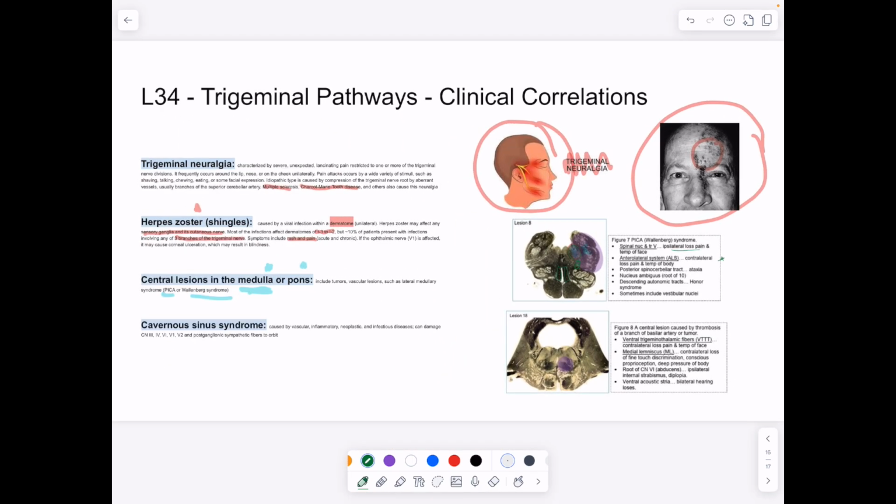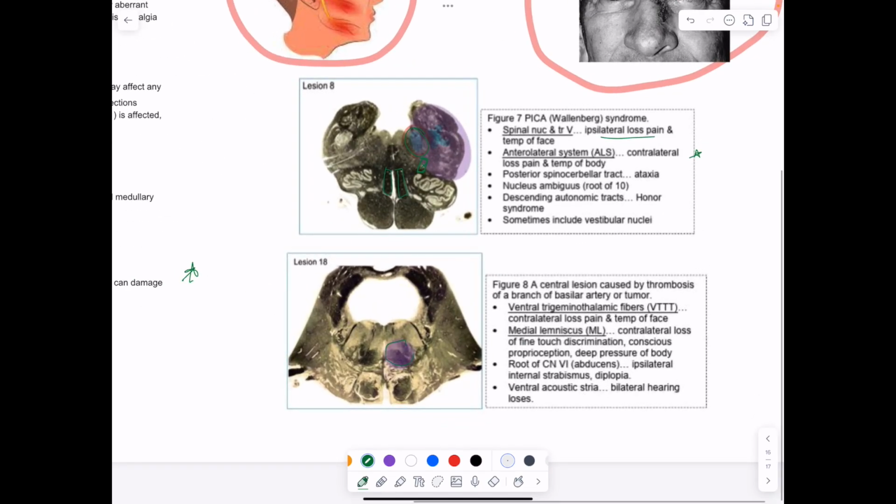All right, cavernous sinus syndrome is caused by vascular, inflammatory, neoplastic, or infectious disease. It damages 3, 4, 6, and then trigeminal 1 and 2. And basically it's a lesion to this region right here. So this is the pons here, Vader, 4th ventricle.